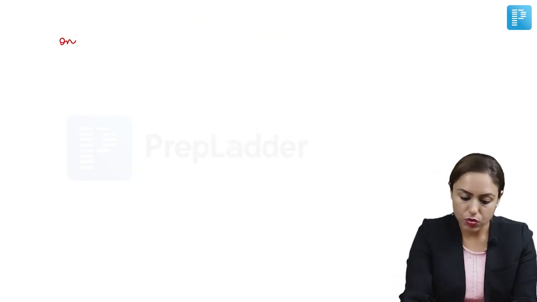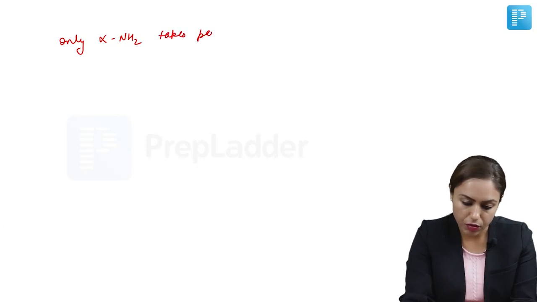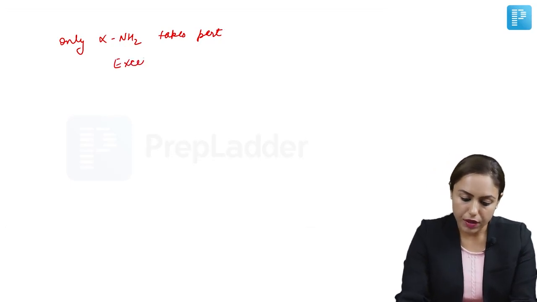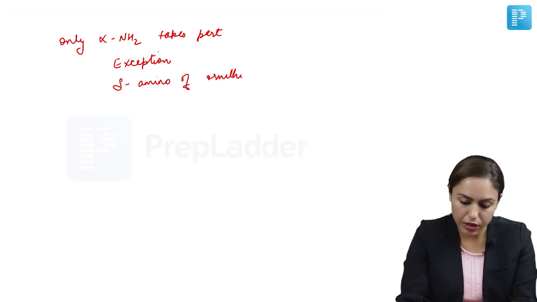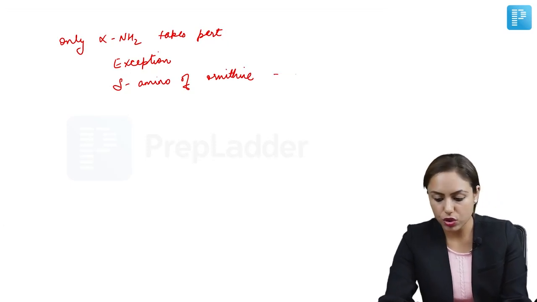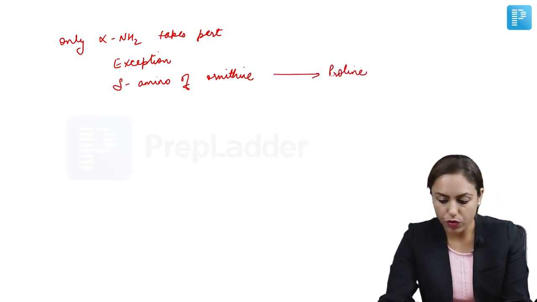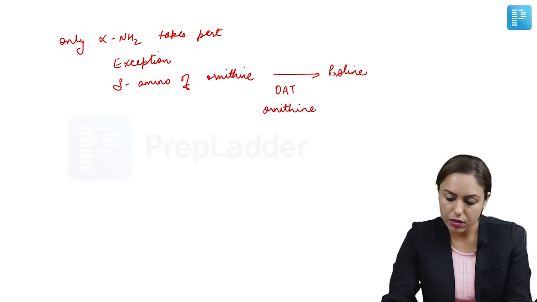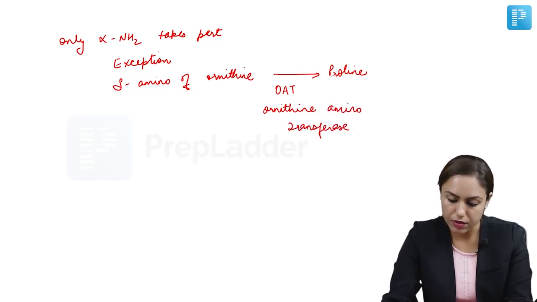In transamination, only the alpha amino group takes part. Only the alpha amino group can take part in transamination. But there is one exception, that the delta amino group of ornithine takes part in transamination, and this leads to the formation of proline, and the enzyme here is OAT, that is ornithine amino transferase, right?